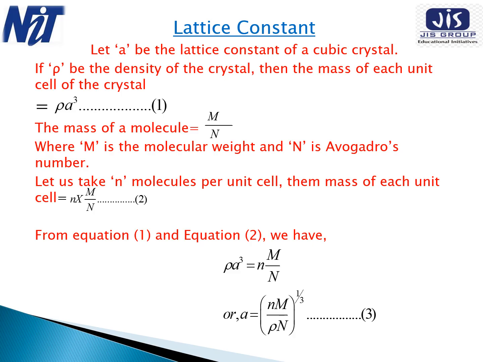The number of molecules in each unit cell we have taken as small n, and the mass of a single molecule we have calculated as capital M by capital N. So the mass of each unit cell will be n into M by N. Now we have taken rho as the density and a cube as the volume of the unit cell, so the mass of each unit cell will be rho a cube.